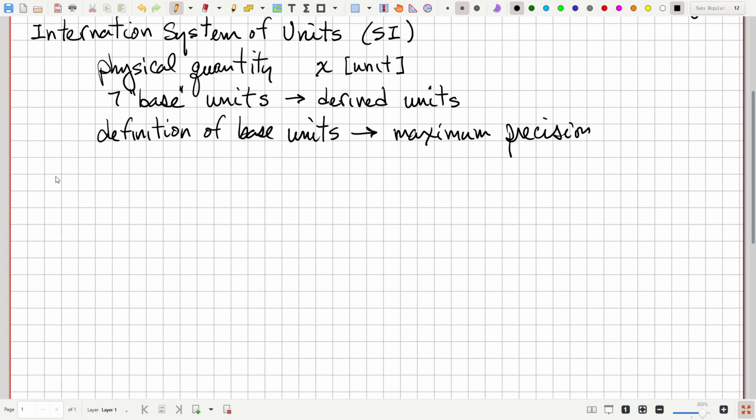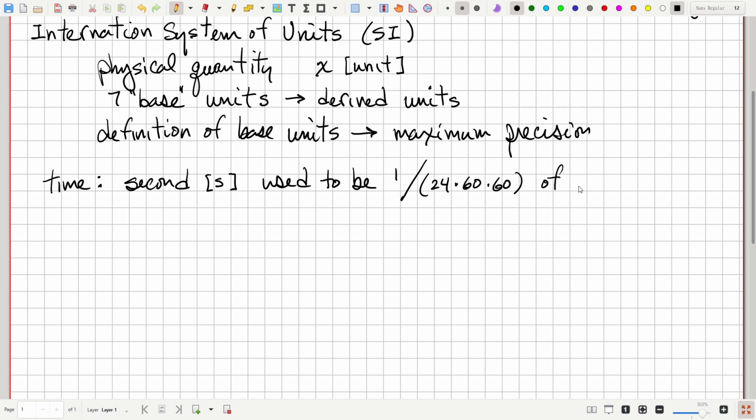Our first unit is that of time, and it is the second. And we represent that by a lowercase s. Now, it used to be defined as 1 over 24 times 60 times 60 of a solar day.